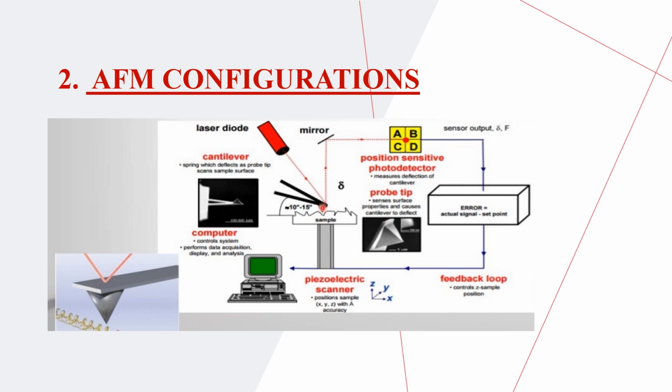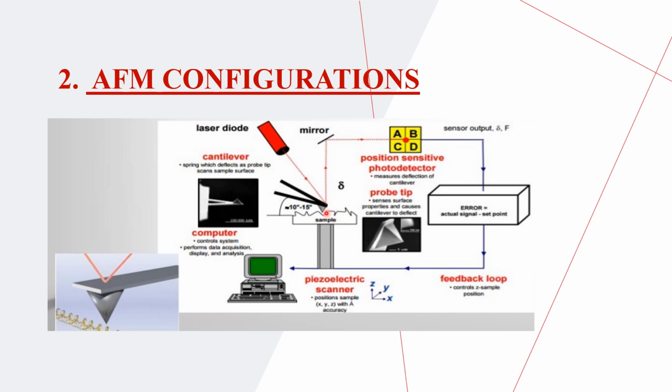Now coming to the probe. Probe is basically V-shaped, or it can be of any other kind of shape, whose diameter is 10 to 20 nanometer, and it is attached to the black rod which is the cantilever.